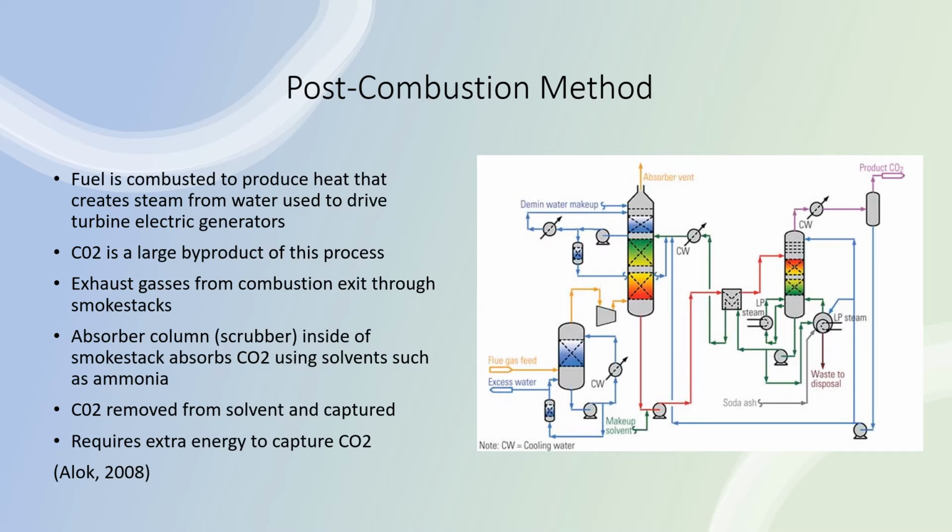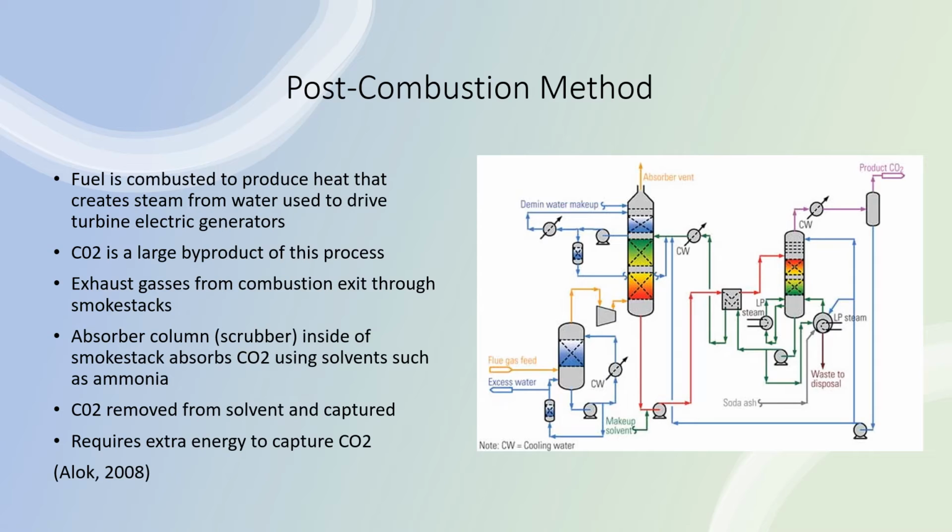So CO2 is a large byproduct of this process, obviously. Exhaust gases from combustion exit through smokestacks. Inside of these smokestacks, there's absorber columns, sometimes called scrubbers, and these columns absorb CO2 using solvents such as ammonias.